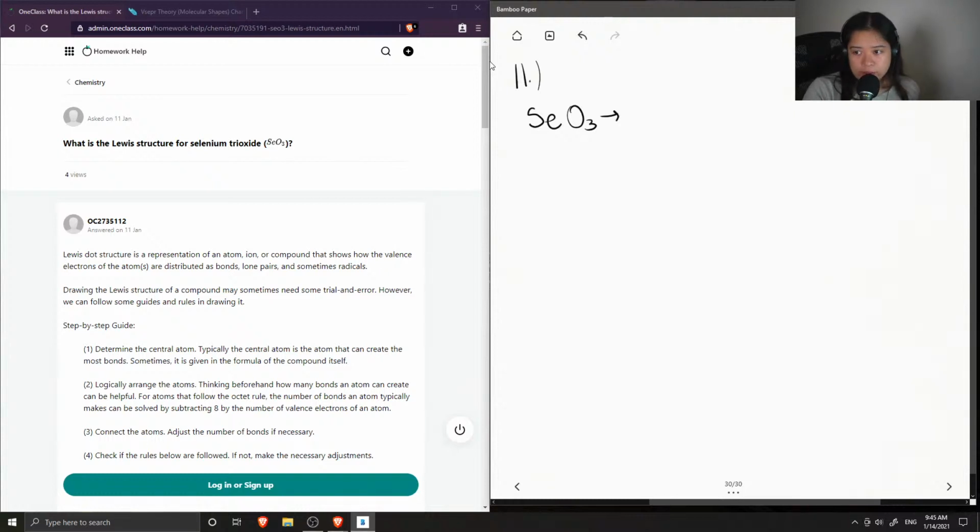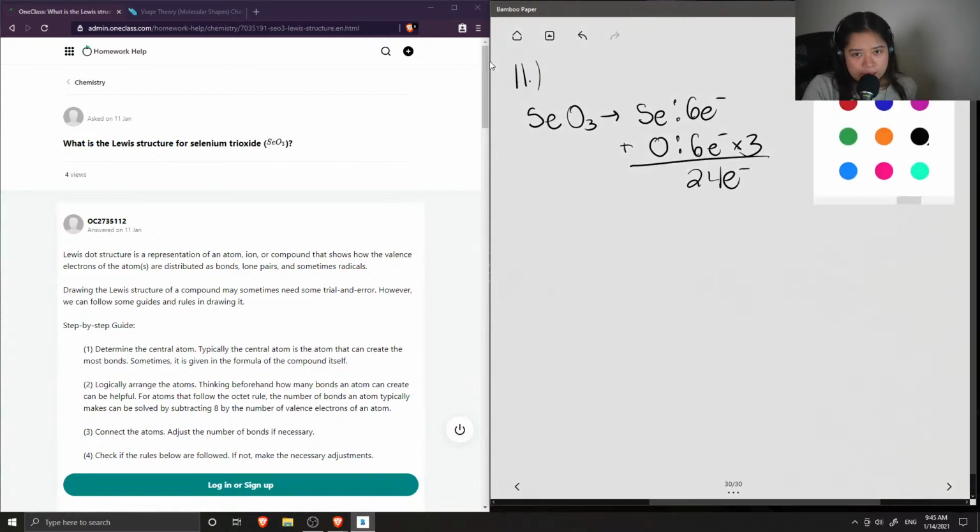For the total number of valence electrons, selenium has 6, and oxygen also has 6, but we have 3 oxygen atoms, giving us a total of 24 valence electrons.